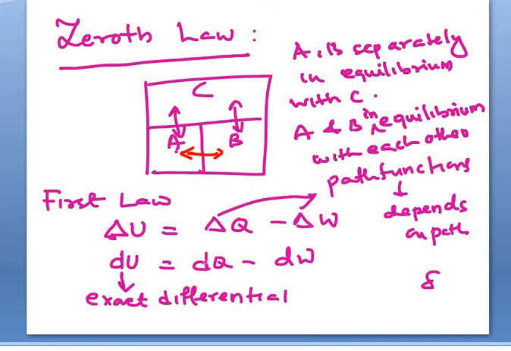Though I have written dQ and dW, they are actually not exact differentials. Many books represent them as del Q minus del W. Why? Because dU is an exact differential which depends only on the endpoints. Work done and heat, or energy supplied, both are path functions, so they are not exact differentials. They are inexact differentials.